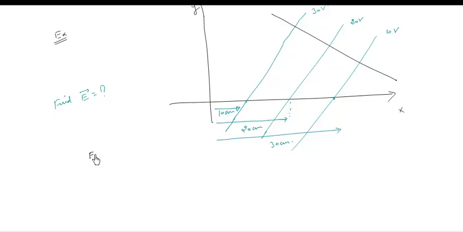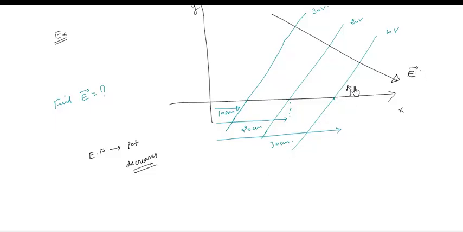So we know that in the direction of electric field, potential decreases. In the direction of electric field, potential always decreases. So potential is decreasing in this direction while moving in this direction. So electric field is in the direction of potential fall. So this is the direction of potential fall. So this will be the direction of electric field, right?